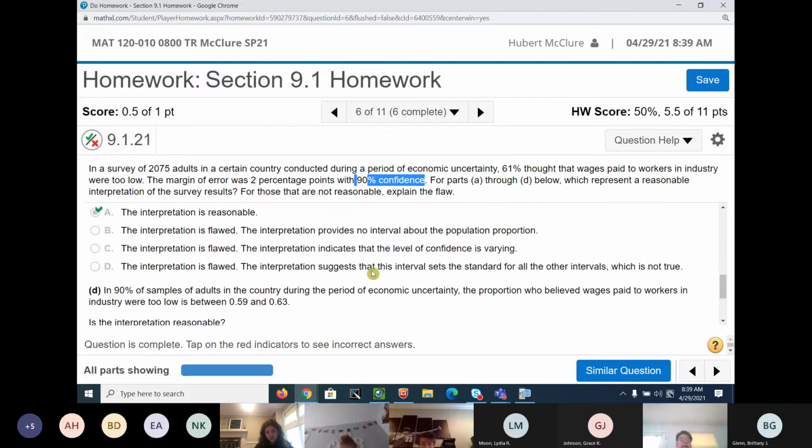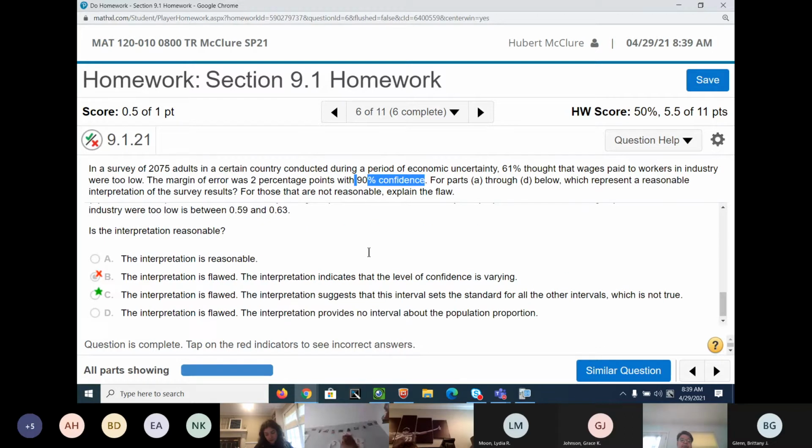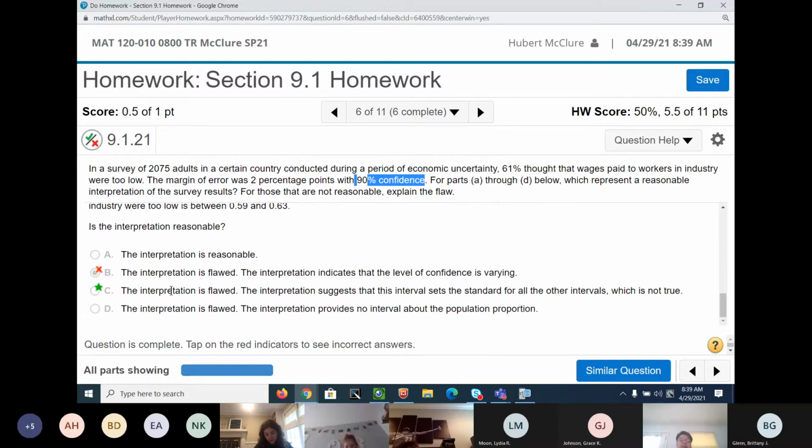All right. In 90% of samples of adults in the country during blah, blah, blah, we are 90% confident, that's what that says, between 0.59 and 0.63, true. Okay, but the interpretation suggests that the interval sets the standard.